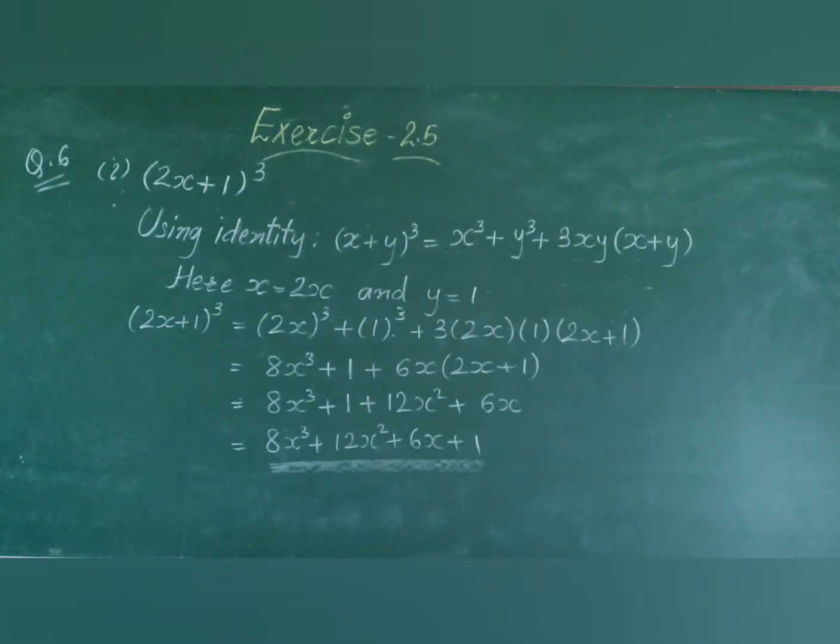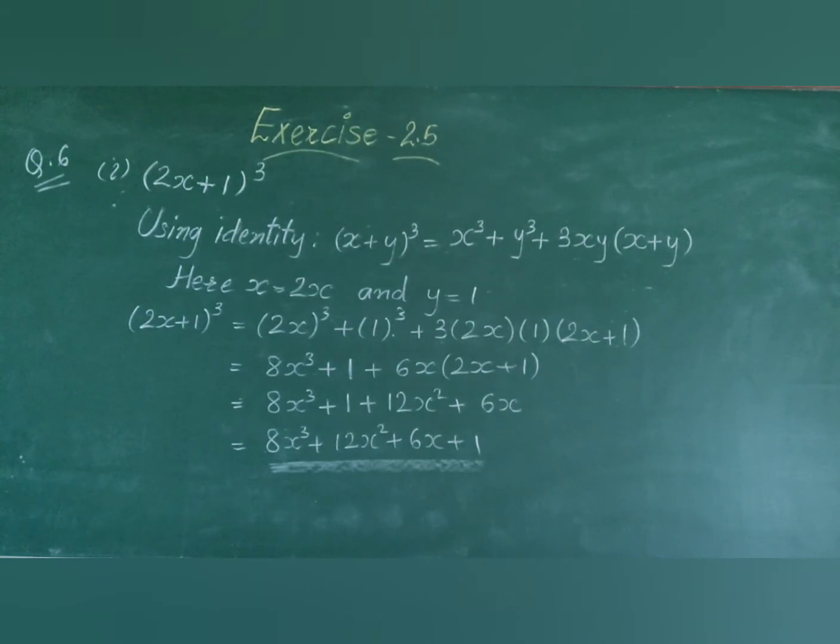So question number 1 of question number 6 is (2x + 1) whole raised to 3. Here already it is mentioned in the question that it is a cube. So we use identity number 6 or 7. Both are related to cube only. The only difference is one is for addition and one is for subtraction.